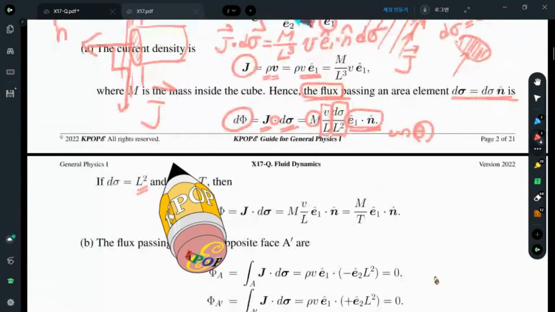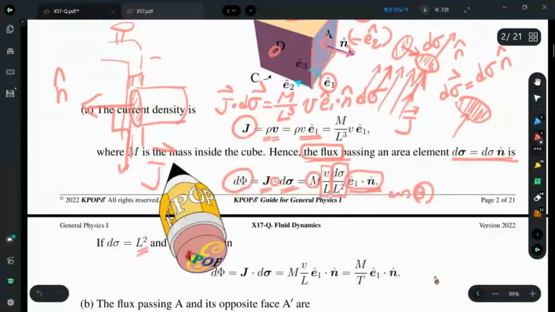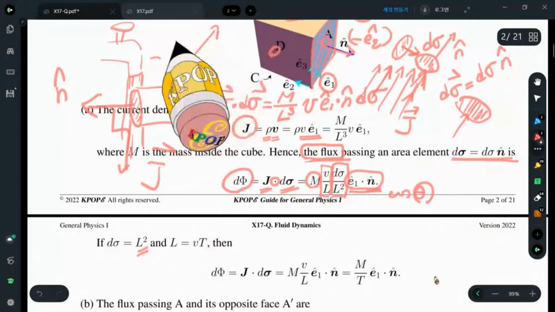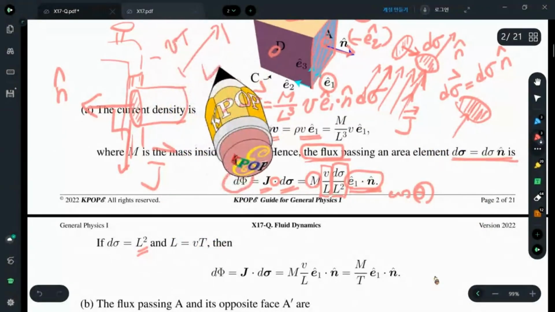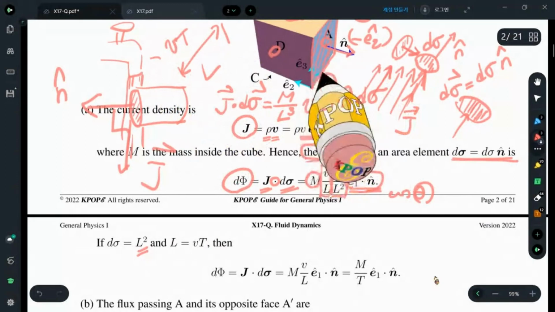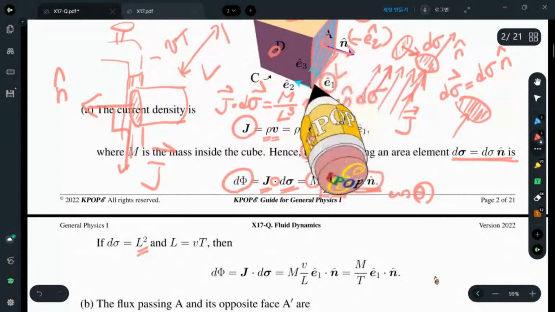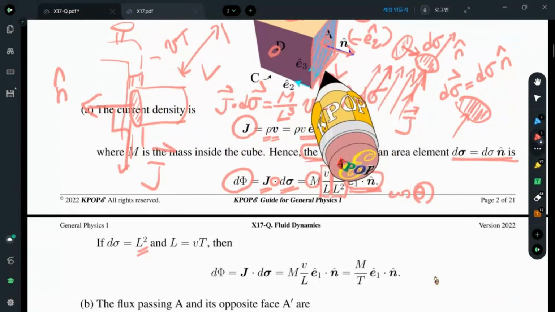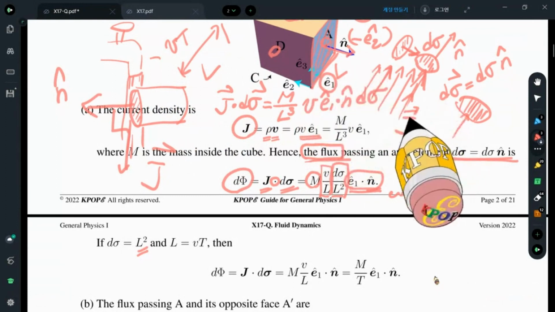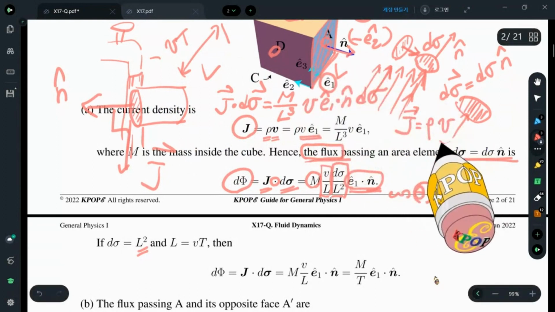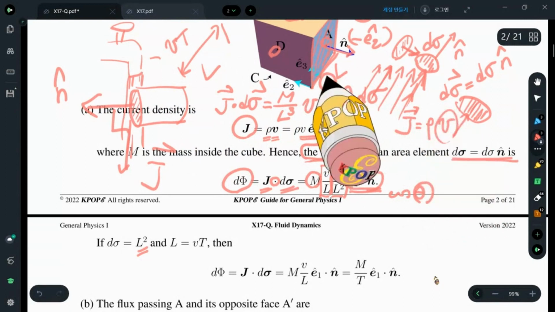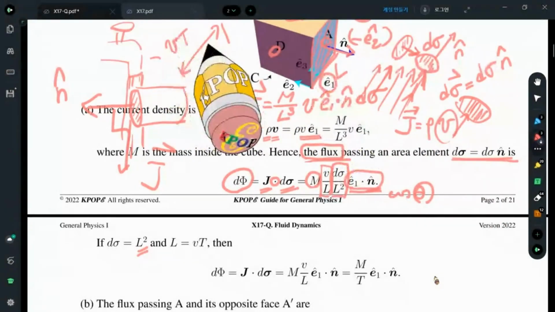And suppose that it takes time t, that means Vt is the length L of this side. If you look at this, it is rho times v, the velocity of this flow.